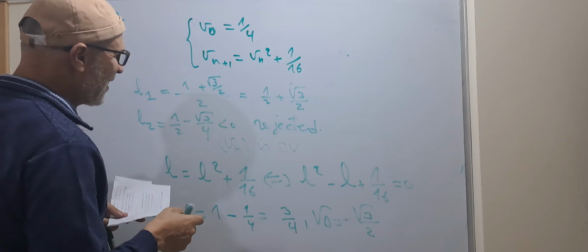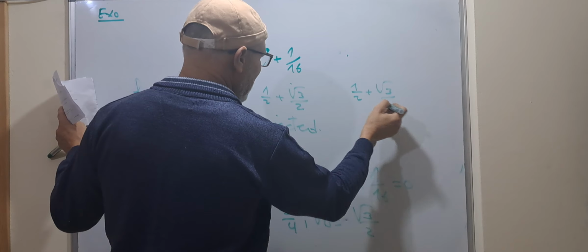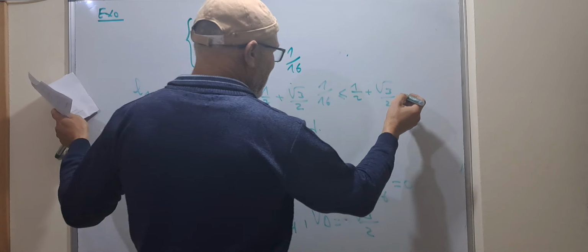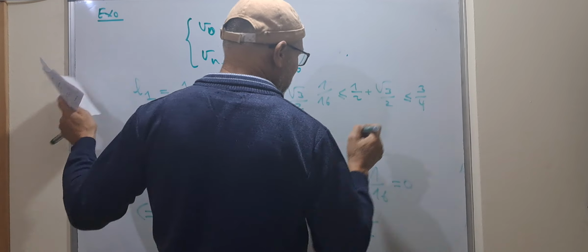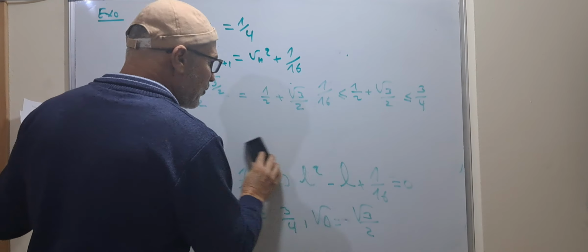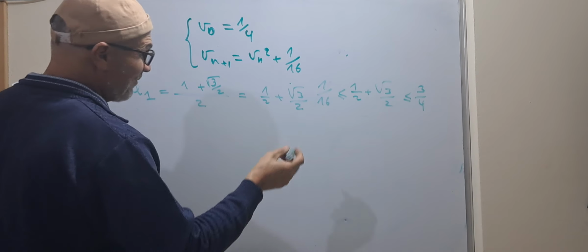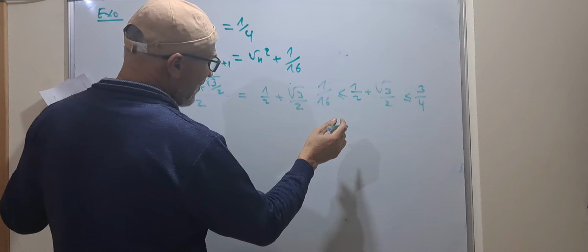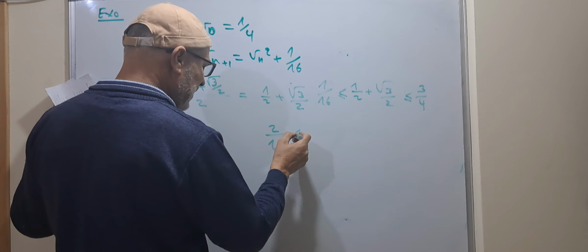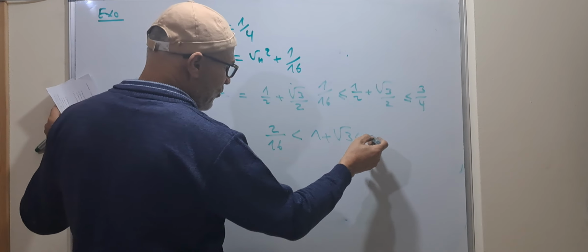Does it verify the inequality? We have 1 over 2 plus the square root of 3 over 2. Is it greater than or equal to 1 over 16, and is it less than or equal to 3 over 4? We have to verify this to be confident. Here we have 2 over 16, which is less than 1 plus the square root of 3. This is true, it's okay.